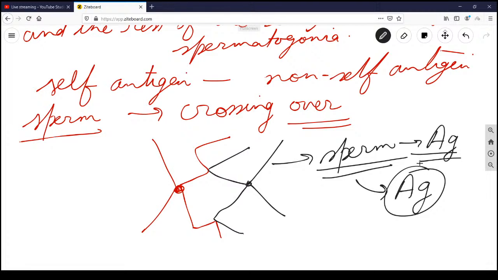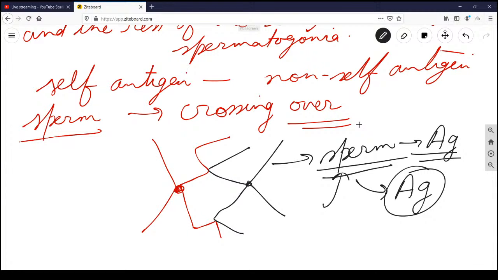If T cells can reach through the blood to the newly produced spermatozoa, they will mount an immune attack on it and destroy the spermatozoa, and a man will become infertile. The same case will happen in the case of the ovum. So you have the blood ovum barrier also, that I'll discuss later on. We don't want any T cell infiltration where spermatozoa are produced in the seminiferous tubules.